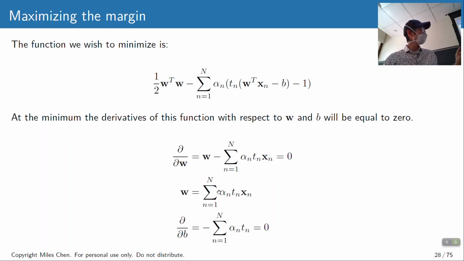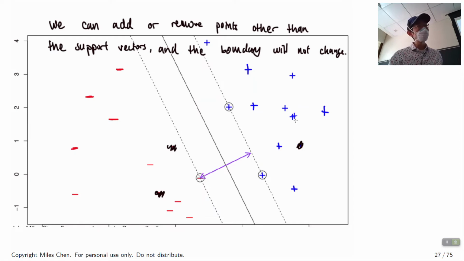Which basically all this is saying is w is equal to the sum of the x vectors, all right? Except the term alpha here might be 0, it might be 1, it might be something in between. In our case, it's going to be 0 for everything that is not the support vector, and alpha is equal to 1 for the 3 that are on the support vector. And then for everything else, alpha is equal to 0.